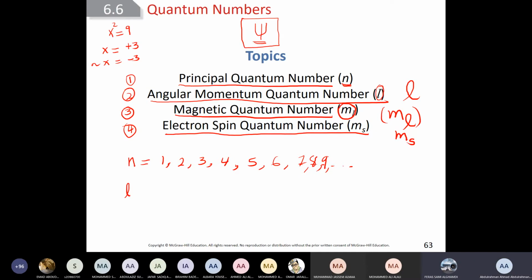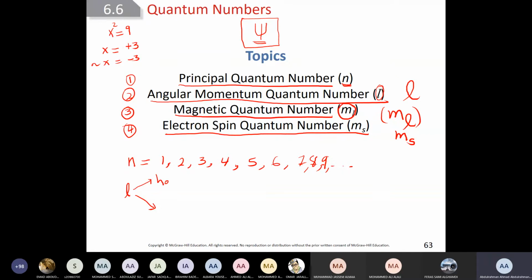Now, when we go to L, what's the name of L? Angular momentum quantum number. You must memorize these words. So I will give you two questions that you have to memorize very well.